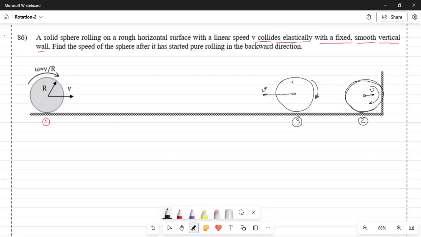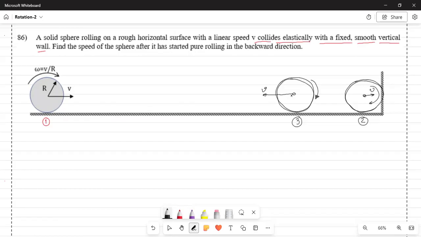At this juncture, that means at position 3, you find that the rotation and the linear motion are opposite to each other. That means the angular momentum created by them cancel each other.